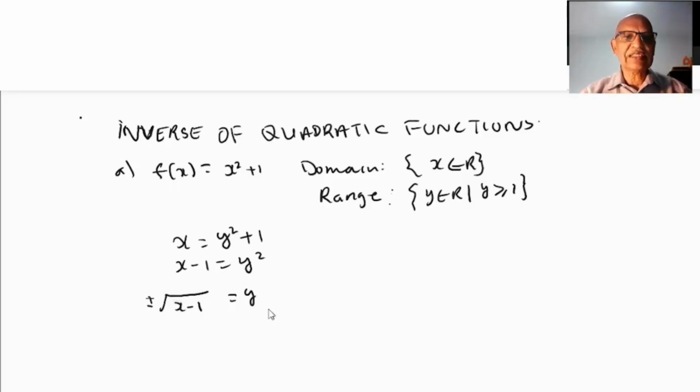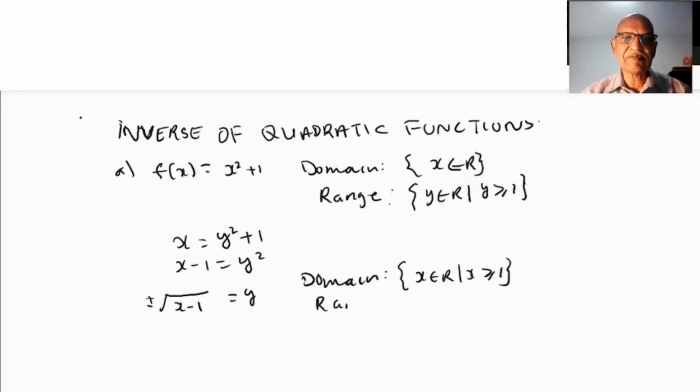Okay, so let's see this one now. The domain, we know the domain of this. Inside the square root cannot be a negative number. So x belongs to R such that x must be greater than or equal to 1.